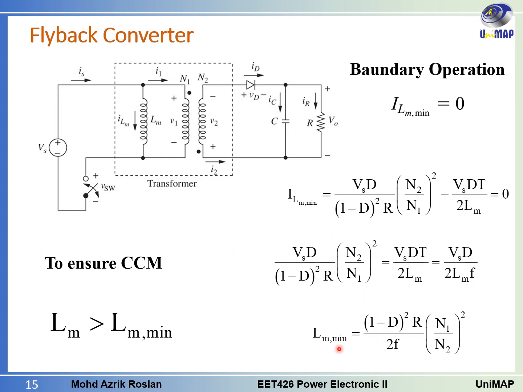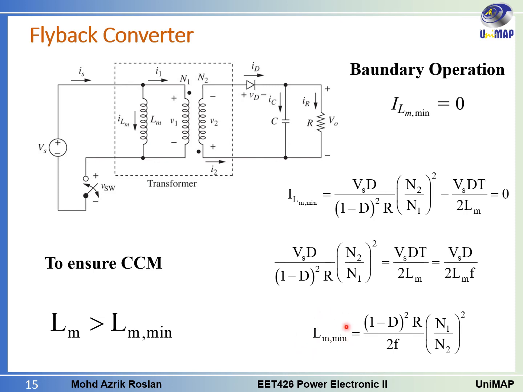When we solve for Lm, this is considered the minimum Lm. The minimum inductance that we can use equals (1 minus D) squared R over 2f, multiplied by (N1 over N2) squared. So this is the minimum value of Lm that we have to use.